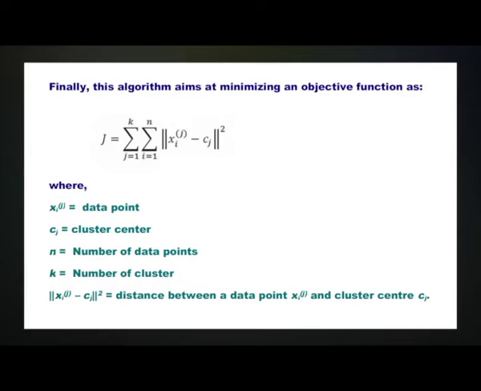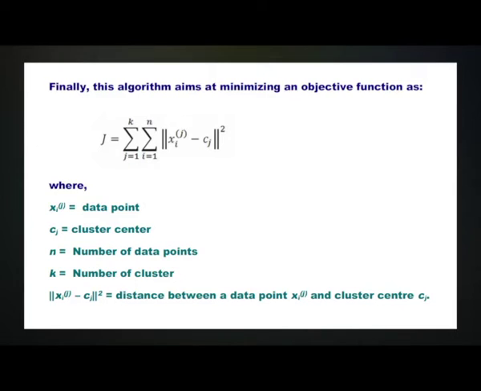Let us look into the function which represents this algorithm. This algorithm aims at the minimization of an objective function J, which is represented as the summation of the square of the modulus of the distance between every point and the centroid.